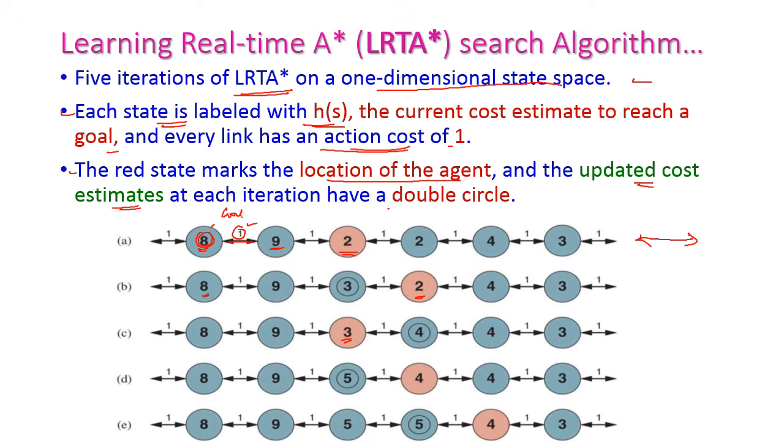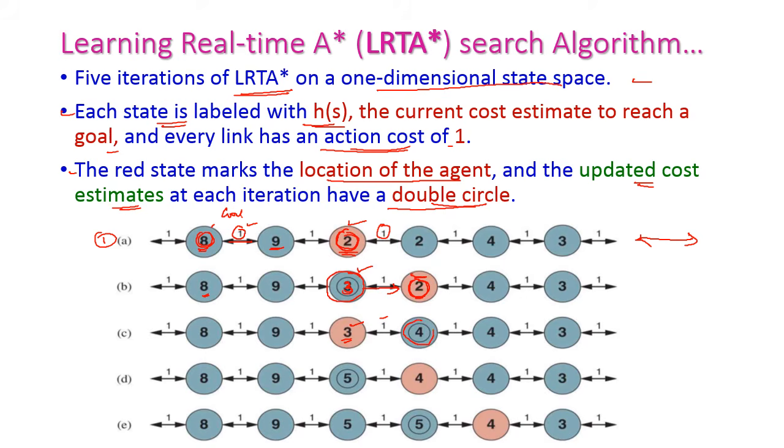The updated cost estimate at each iteration is shown in a double circle. Suppose this is the first iteration. In the first iteration the agent is in this location. After that it will select this particular action to reach here. Once it reaches here, the cost is previously 2 and the current cost is also 2. Then from here the cost will of course be 3. Hence it updates the cost to 3. When it comes here, again it will select any of the actions to reach the next node.